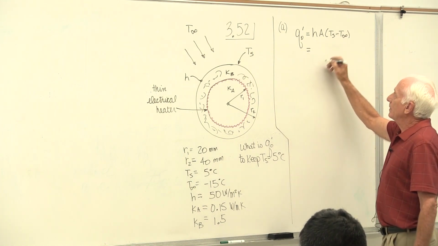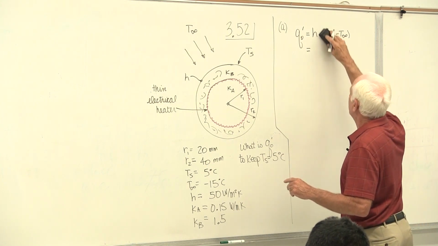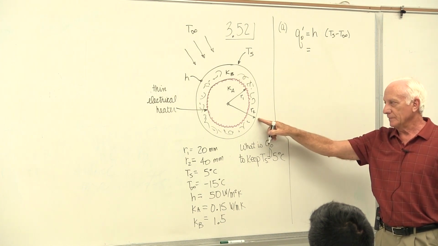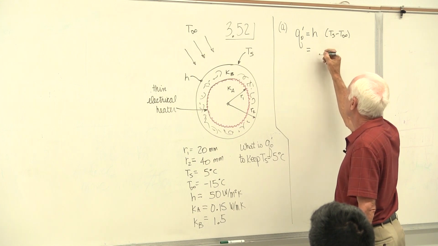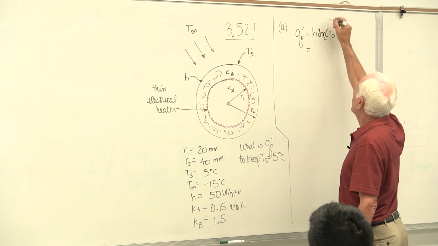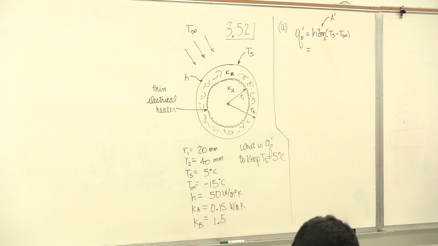The area on the outside is 2 pi r2 times L. Divide through by L, because that's what Q prime is. The area per unit length is 2 pi r2.